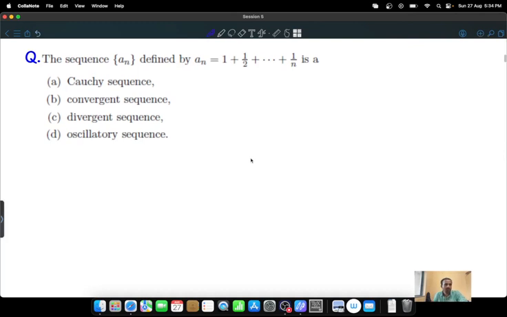So I hope this problem will be interesting for you. The problem says that a_n is defined as the sum from 1 to n of 1 by n, that is a convergence. If I am not wrong, this problem has been done in Friday's discussion session, but still I have chosen this problem because I have a different approach for it.